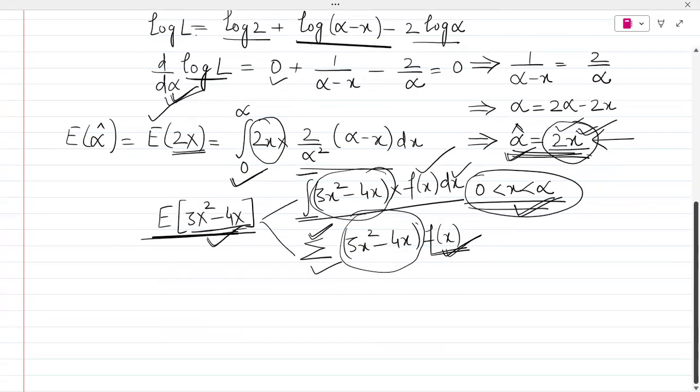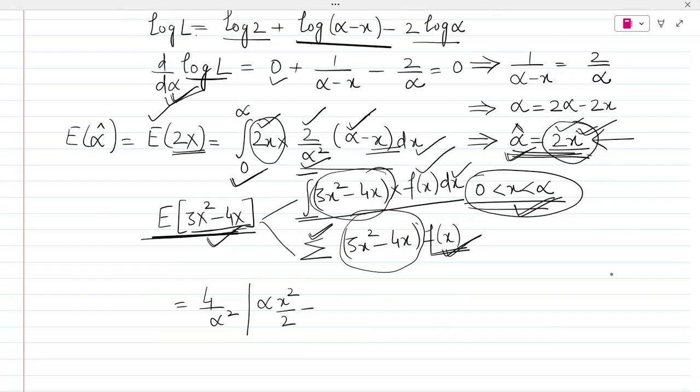So now here we have 4, because 2 into 2 is 4, divided by alpha square. And we have alpha x square by 2 minus x cube by 3, between 0 to alpha. Why so? Because there was one more x. I missed it. So this x into alpha, that is alpha x, its integration, and minus x square.